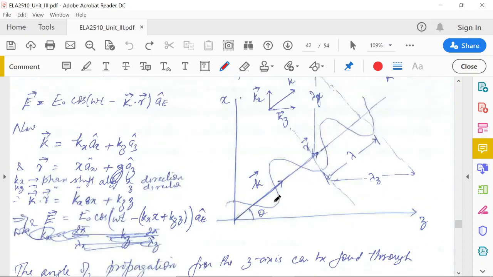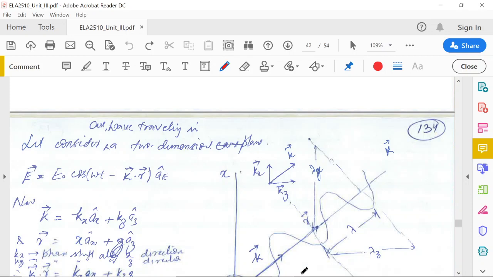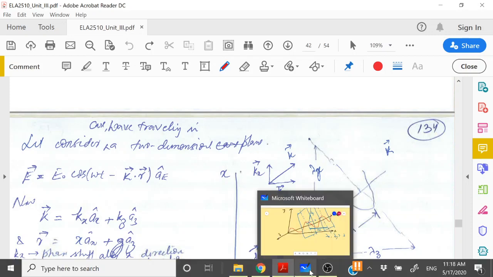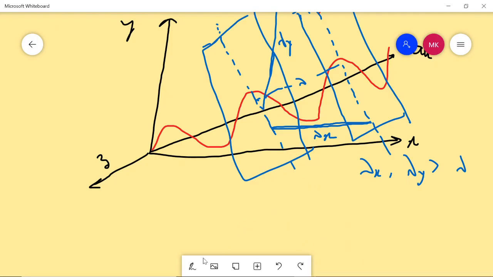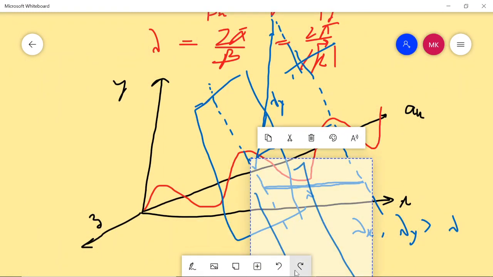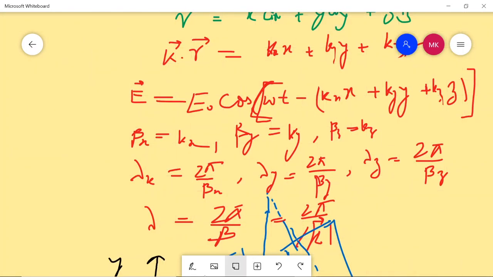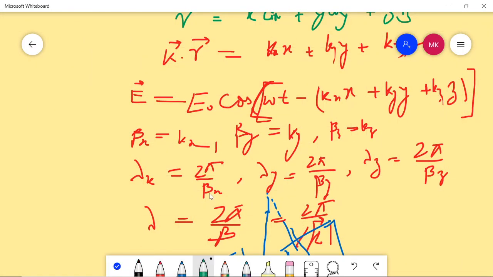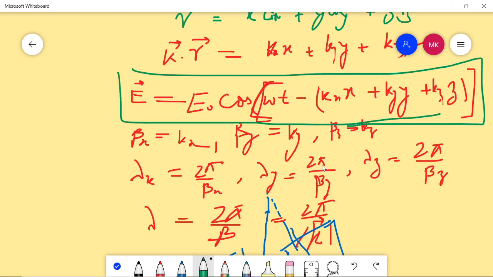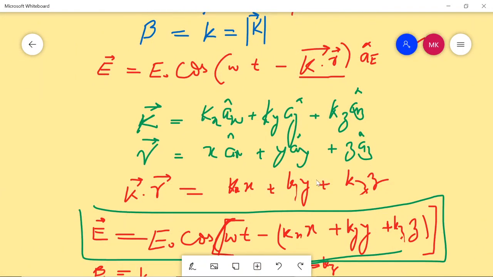Now next is what are direction cosines, and how we can write the equation in the direction cosine form. Here we have the general equation, and another one was here.